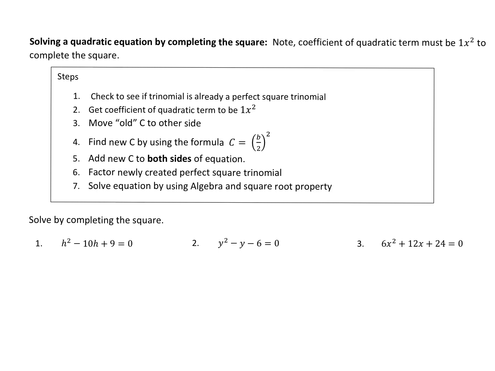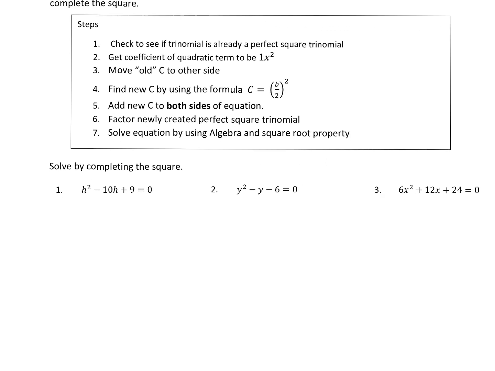Then, we're going to make sure that we get the x squared a coefficient of 1. Then we're going to move our old c to the other side. We're going to find our new c by using the formula b over 2 squared. We're going to add that to both sides of the equation. Then we're going to factor it and solve it like we did on the front side.